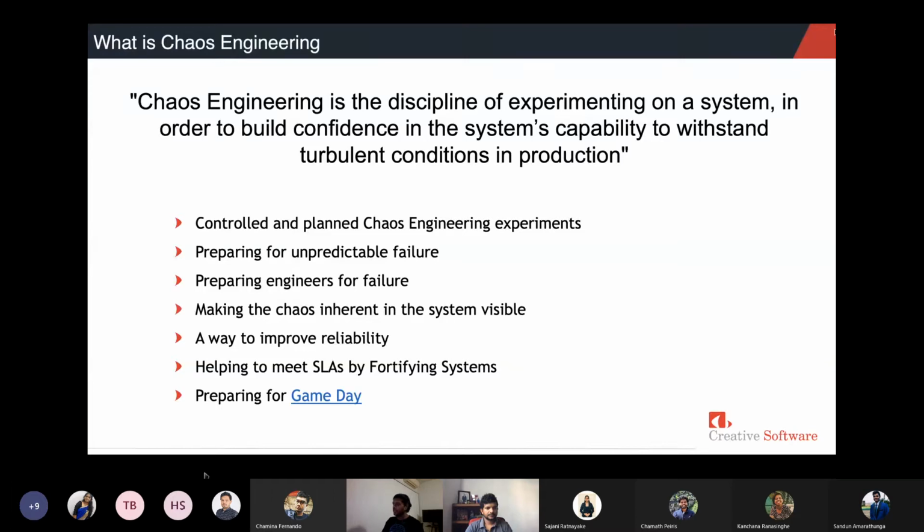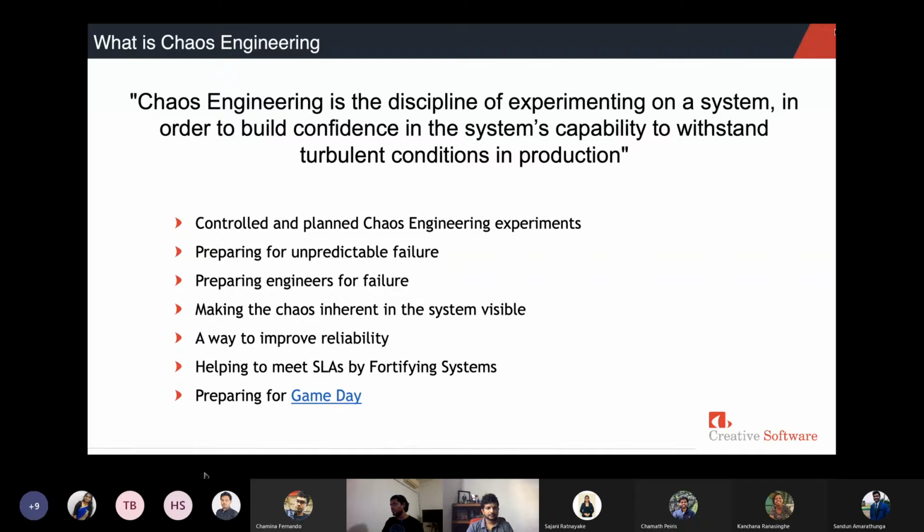Likewise, if you didn't do any test, the systems will eventually fail at some point for some reason. So you will have these issues by surprise, and you won't be able to act quickly upon this and fix things. So by doing chaos engineering in your organization, you will be able to see the problems before they hit production, and resolve them. And also prepare engineers for failures.